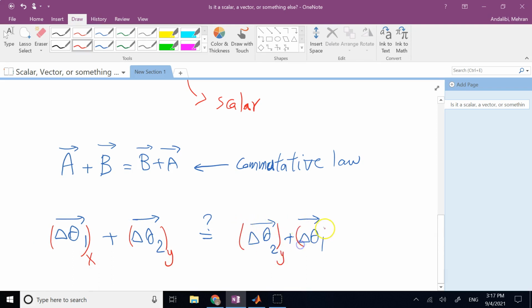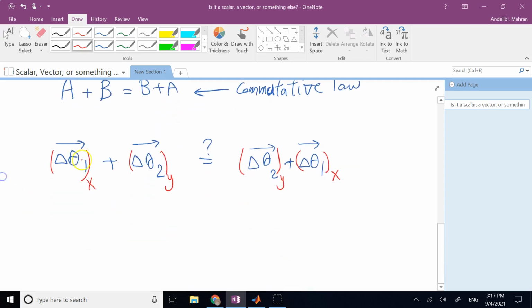First do it about y, then do it about x. With so much of angle, it doesn't matter. So let's say one of them 60, one of them 30, or the other way, or 45, or any angle. So the question is, if I rotate an object first by so many degrees along x, followed by so many degrees along y, then I reverse it, first do so many degrees along y, then so many degrees along x, is the final configuration of that object going to be the same?